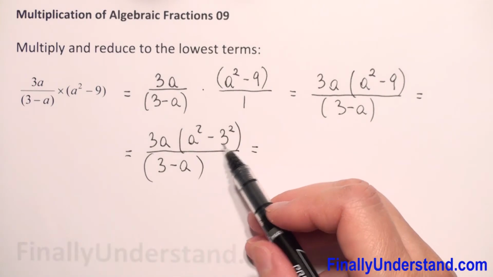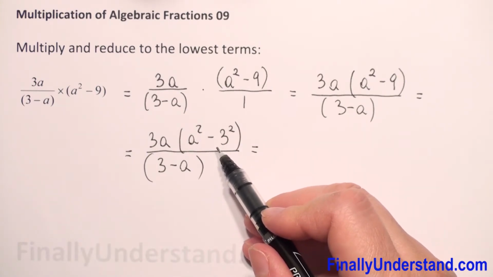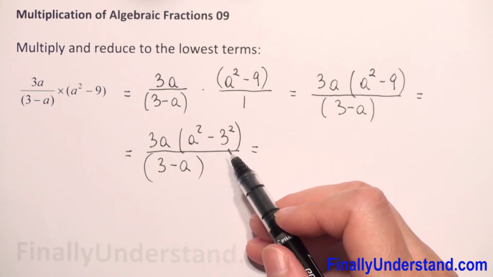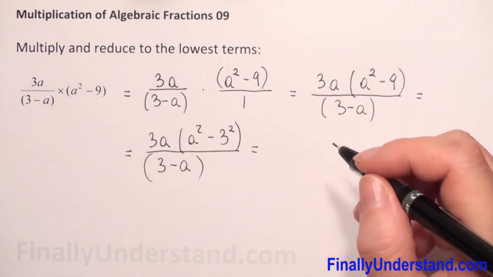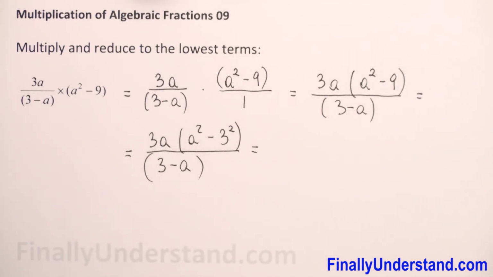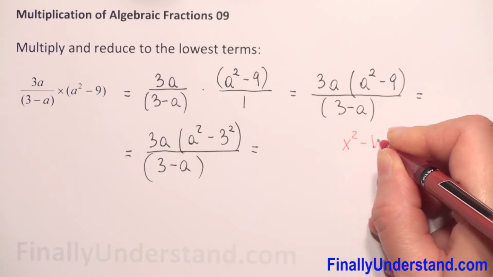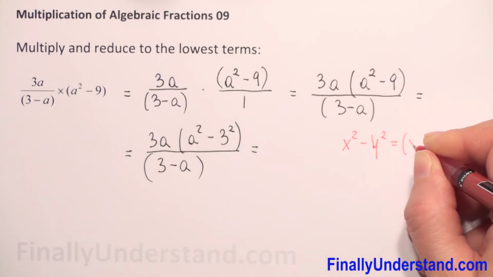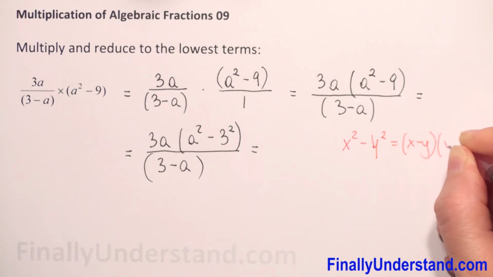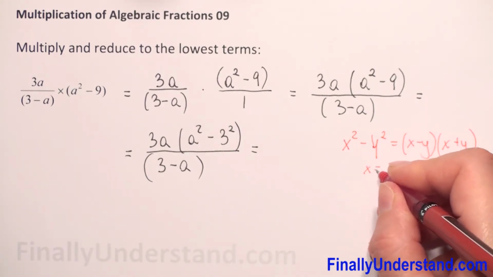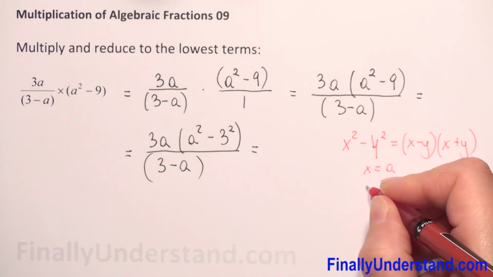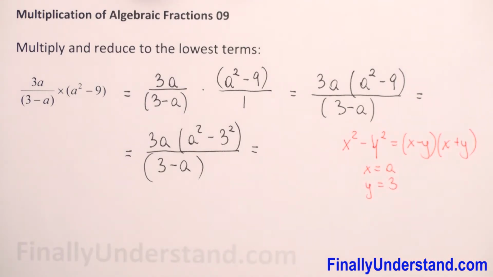Next, we see that we have here difference of two perfect squares. So we will use formula x squared minus y squared. This is equal x minus y times x plus y. So in this example, x is equal a and y is equal 3.